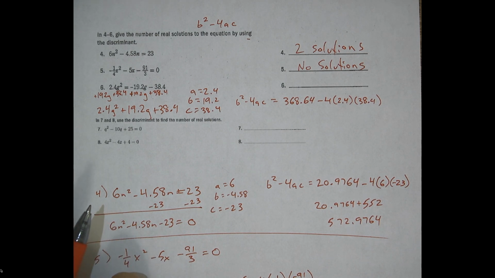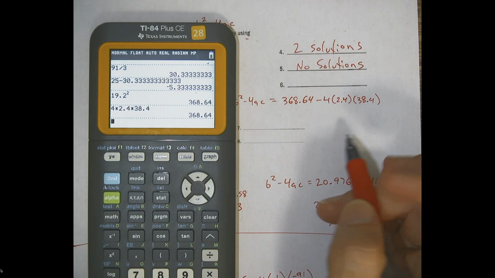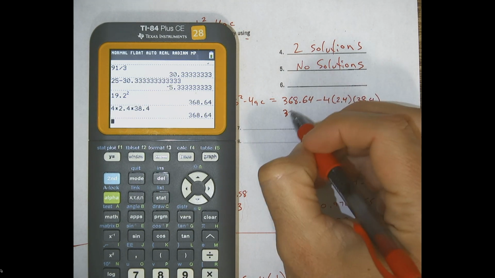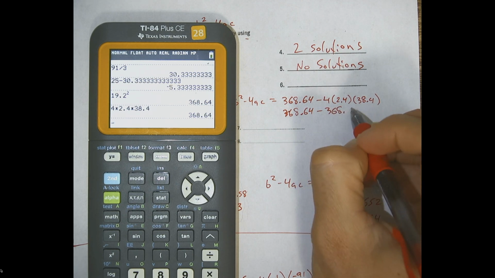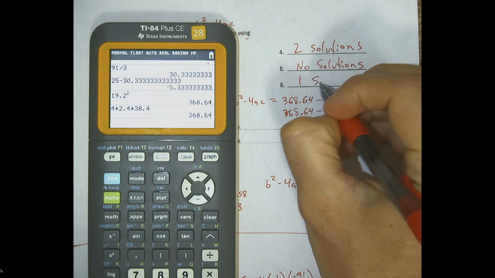So if I do 4 times 2.4 times 38.4, I get 368.64. And when I look at these three, I've only got one negative, so we're going to stay negative. So it's 368.64 minus 368.64, which is 0. And when the discriminant is 0, there is one solution.